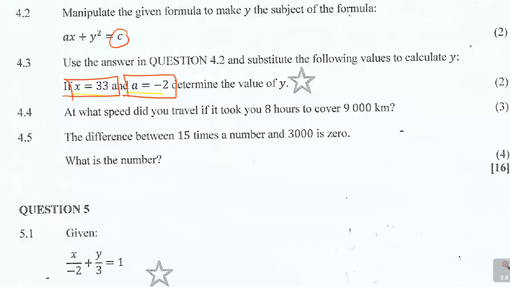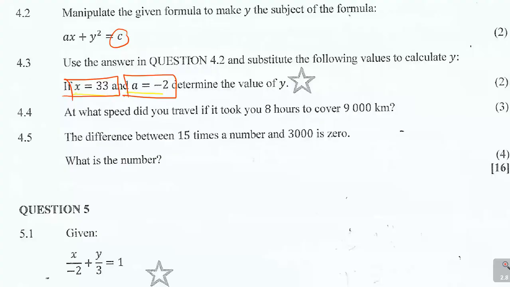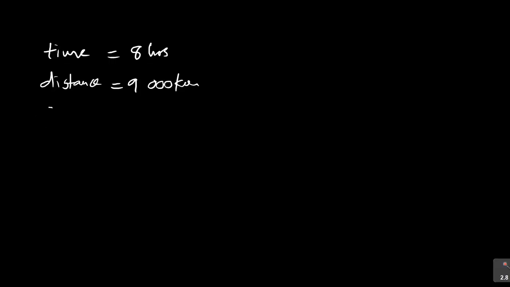So what I have here, my time taken is 8 hours, and then my distance there is equal to, they say, 9,000 kilometers. Now, what is the question requiring? It says at what speed. It wants me to find, in this case, I'm looking for speed.